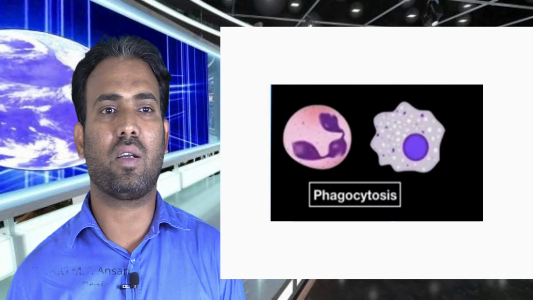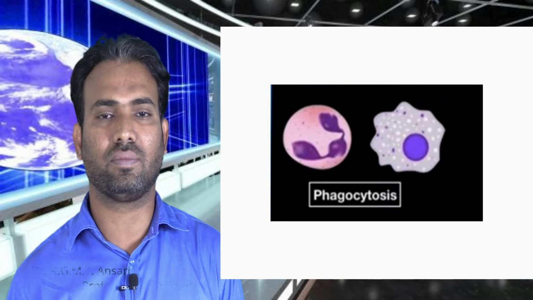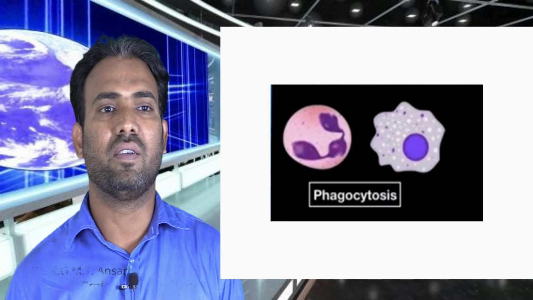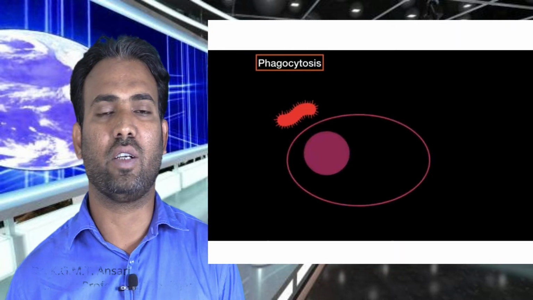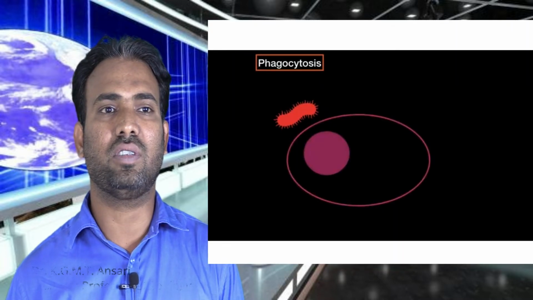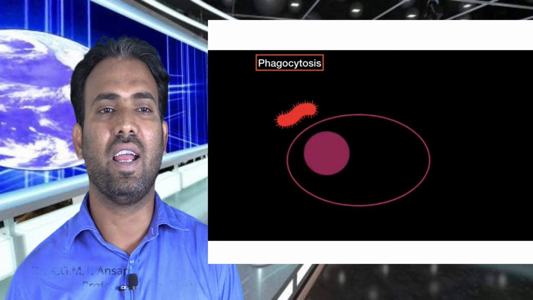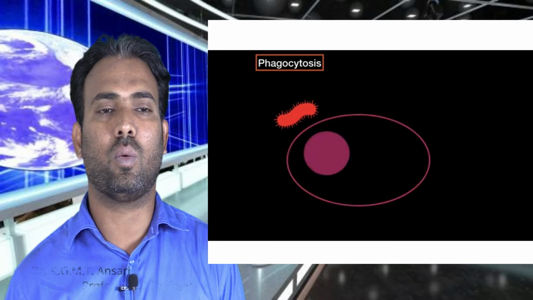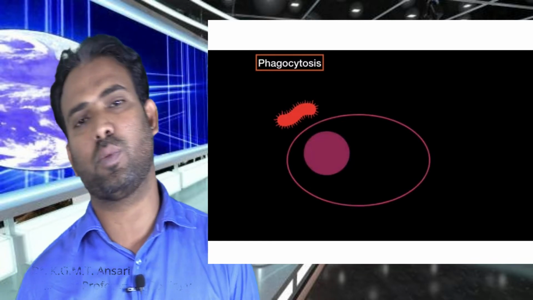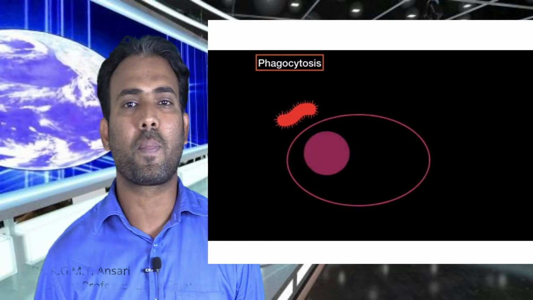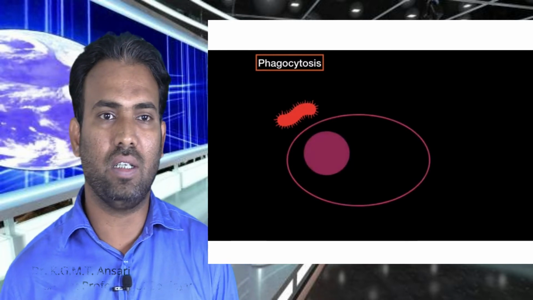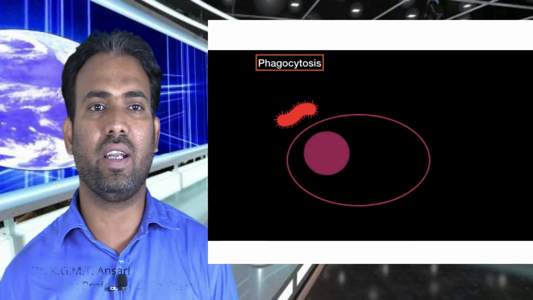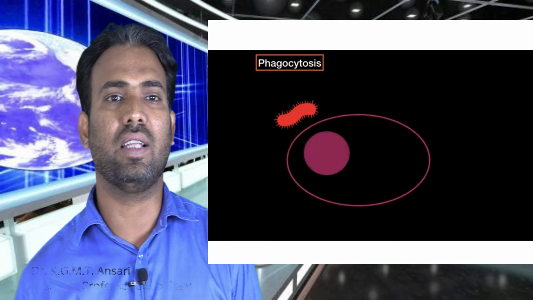In these, the macrophage is the major, bigger cell which works as a phagocyte. These phagocytic cells are very important. They work in immune responses, particularly through the engulfing methodology.